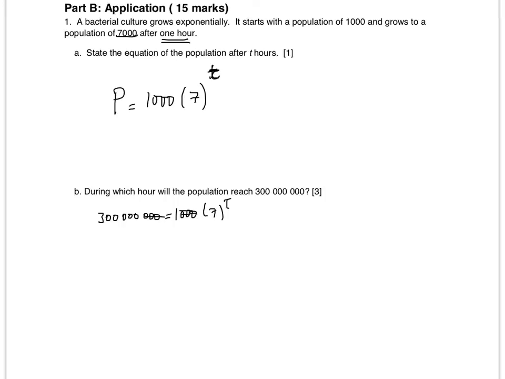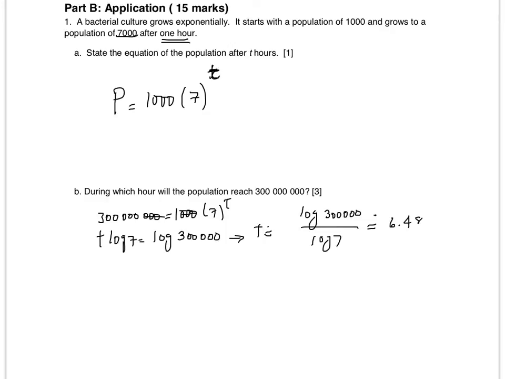To solve this one, I'm going to use the log function, so I get t log 7 is log 300,000. So t is approximately log 300,000 divided by log 7, which is approximately 6.48 hours.